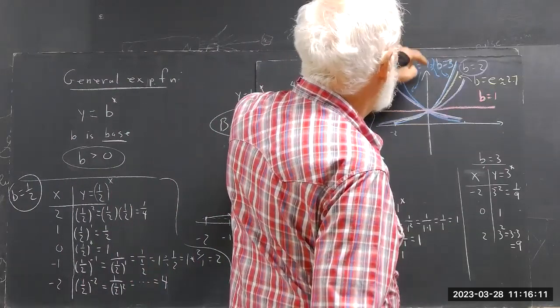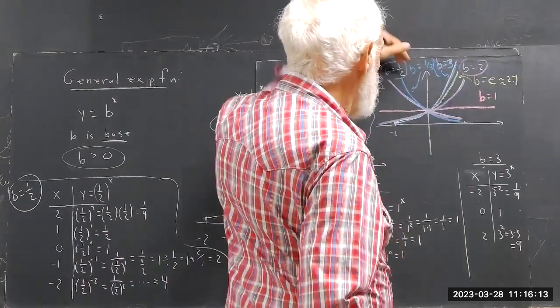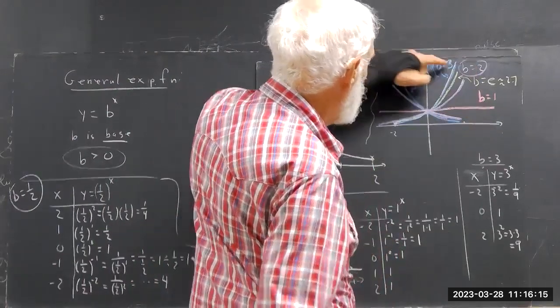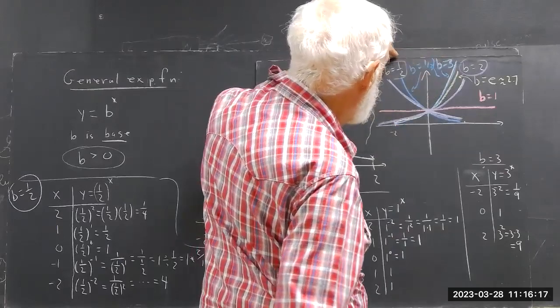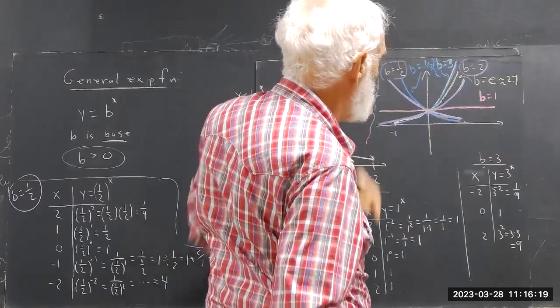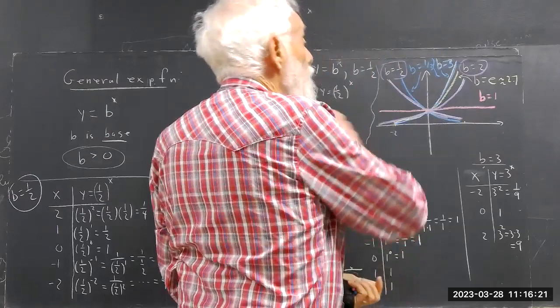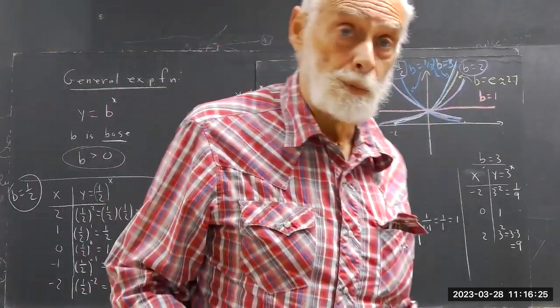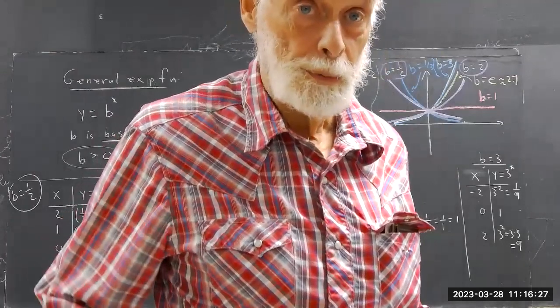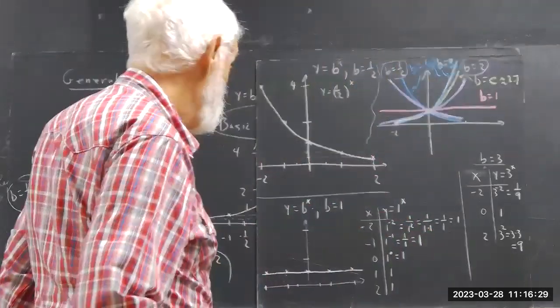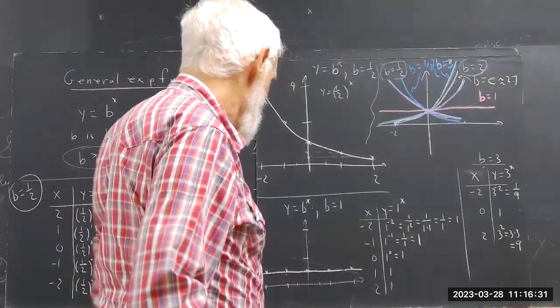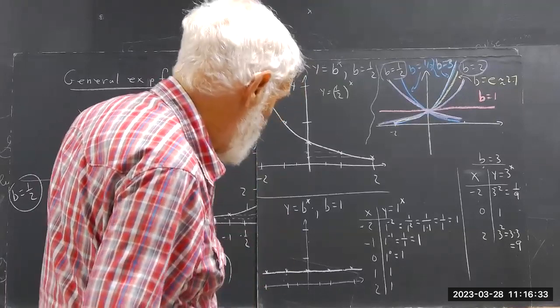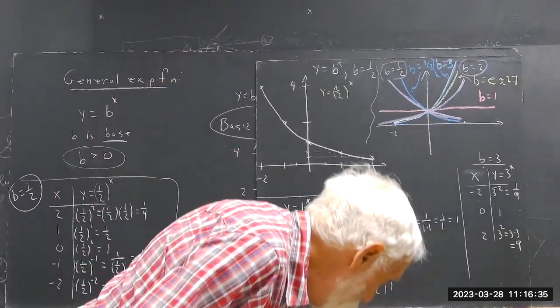Then the B equals 3 graph will reflect to the B equals 1/3 graph. So we have these symmetric blue graphs for B equals 3 and B equals 1/3. You're going to see graphs of this nature. You're going to be asked to identify graphs of this nature when we get into the assignments. Okay, so we understand that as thoroughly as possible.